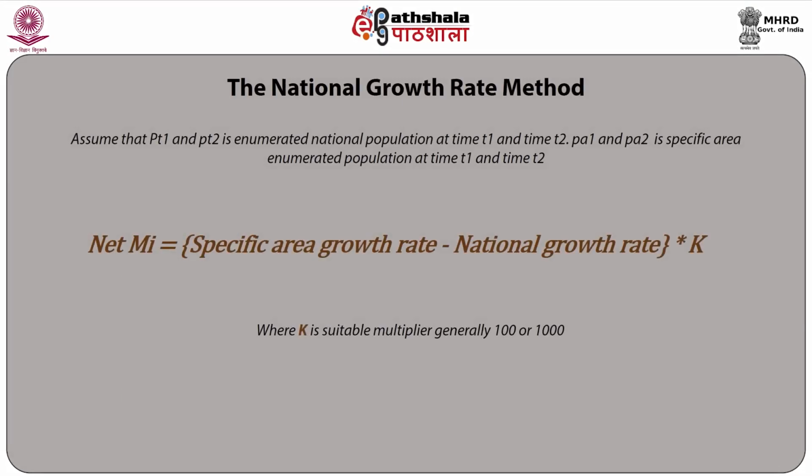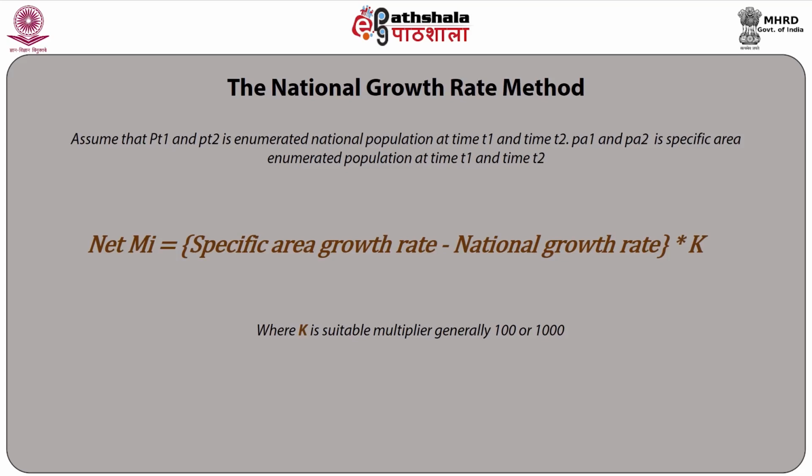Assume that PT1 and PT2 is the enumerated national population at time t1 and time t2 respectively. Similarly, PA1 and PA2 is the specific area enumerated population at time t1 and time t2 respectively.